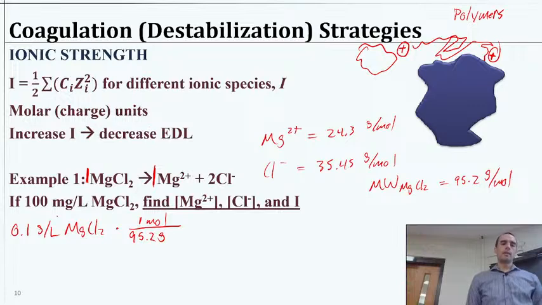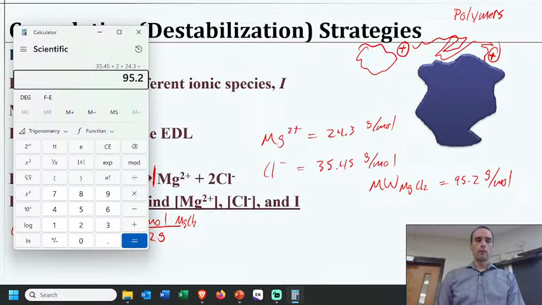I'm doing it that way because I needed to get rid of the grams and convert to moles, right? So this is moles of MgCl2 per gram of MgCl2. Okay, so that should give us a value. So if we do 1 divided by, give me 0.1.